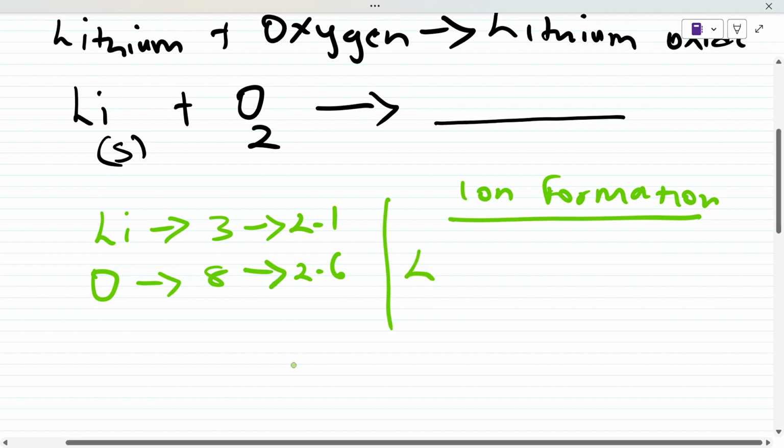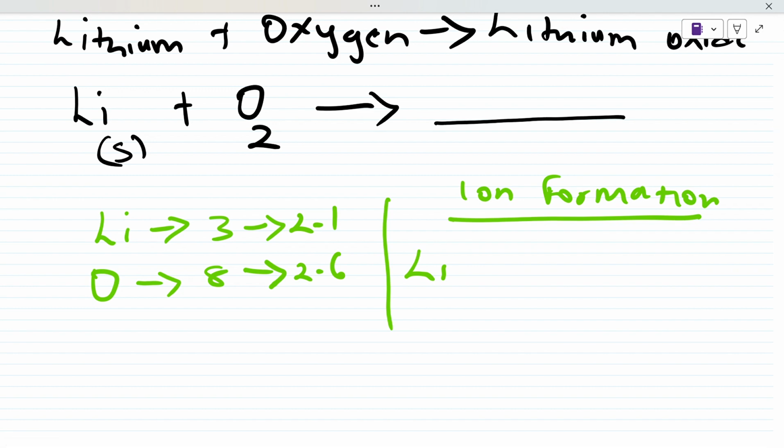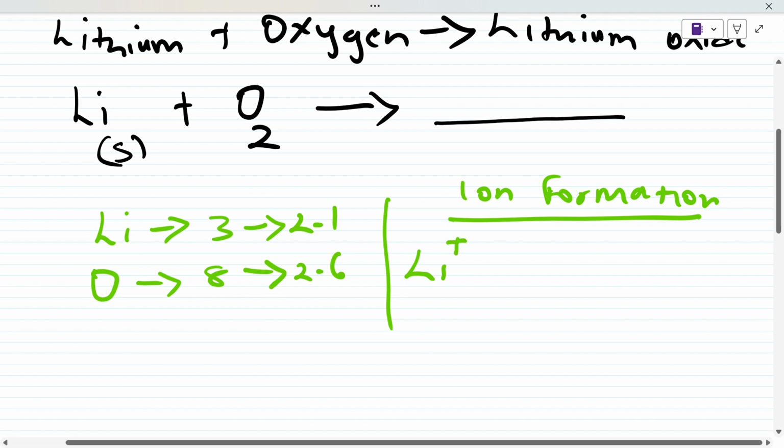I'm going to have lithium losing 1 electron. And since 1 is the same as the charge, I'm going to just put positive 1 on top of it. And this is a small letter. Plus, oxygen needs 2 to become 2:8. So it is going to be a 2 minus.